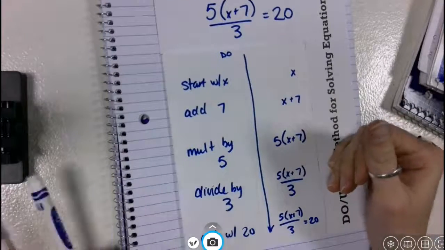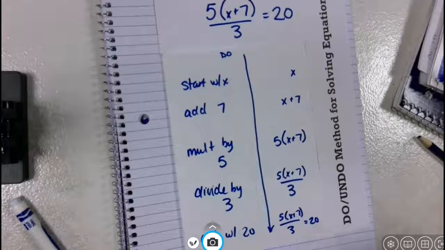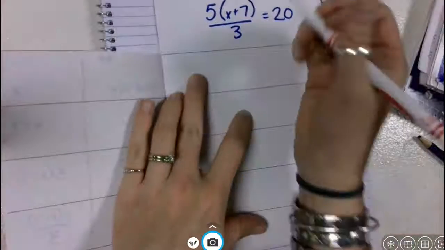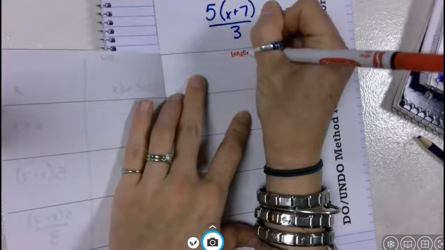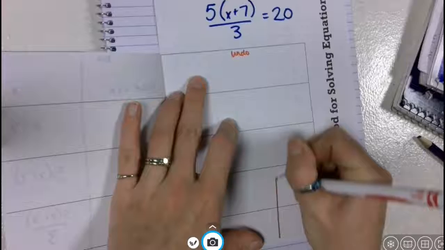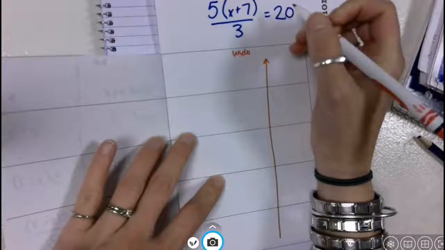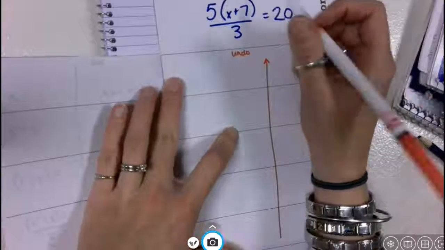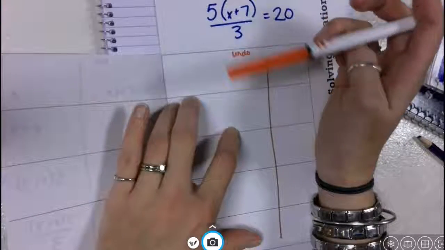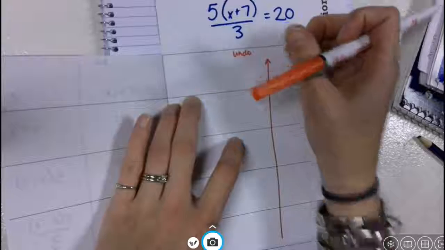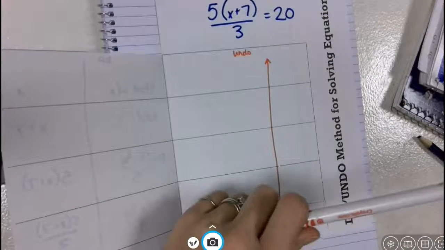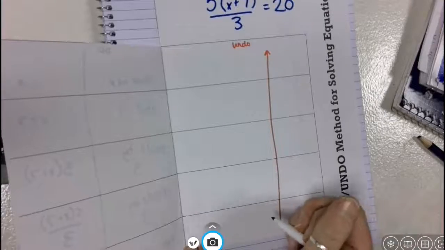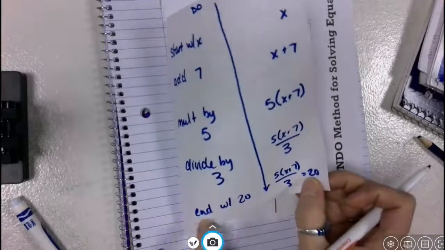So when I'm doing my order of operations, this is what I will do. Well, that doesn't help me when I'm asked to solve for this. So here's where I want to undo. So we're going to flip it and we're going to undo on the inside. And when we undo, generally, we work the other direction. Just like on the first page where we ended with 20, we end with 20 down here at the bottom.